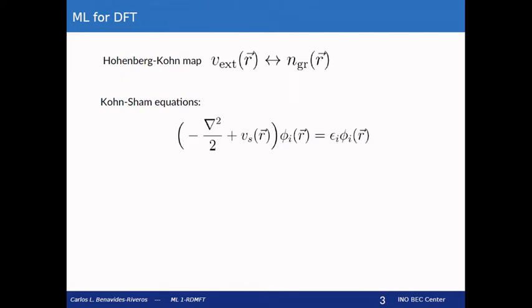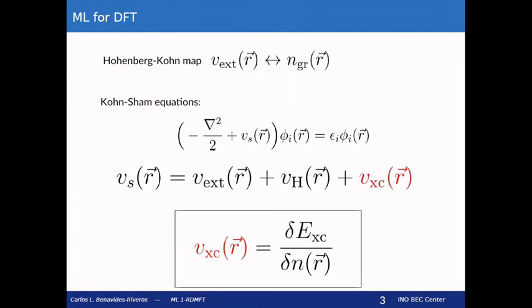Historically, there are two ways to do this kind of approximation. One is to learn directly the Hohenberg-Kohn map, which, given an external potential, learns the density and the energy. This is a very legitimate question, and historically this is how the first attempts to do machine learning DFT were done.